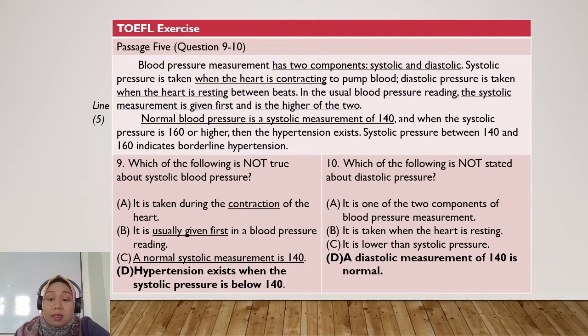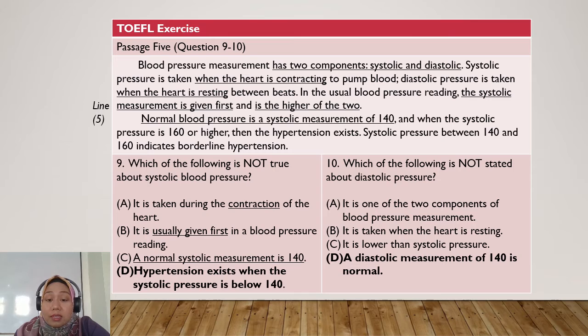Now for question 10, which one is not stated? It is one of two components of blood pressure measurement. Here it has two components, systolic and diastolic. This one is about diastolic, and it is taken when the heart is resting. Here, diastolic pressure is taken when the heart is resting. True. It is lower than systolic pressure. Yes.